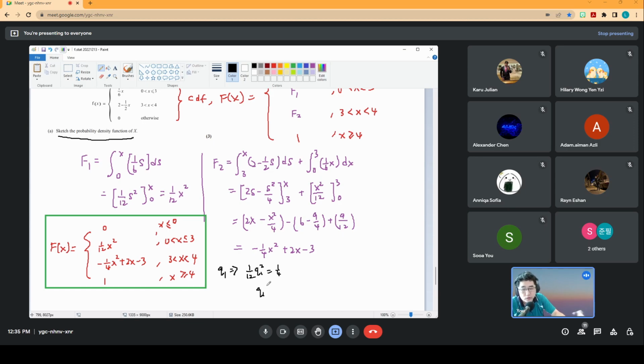So Q1 equals square root of 3. Then for Q2, I have 1 over 12 Q2 squared equals 1 over 2. So Q2 equals square root of 6. For Q3, 1 over 12 Q3 squared equals 3 over 4. So I have Q3 equals 3.